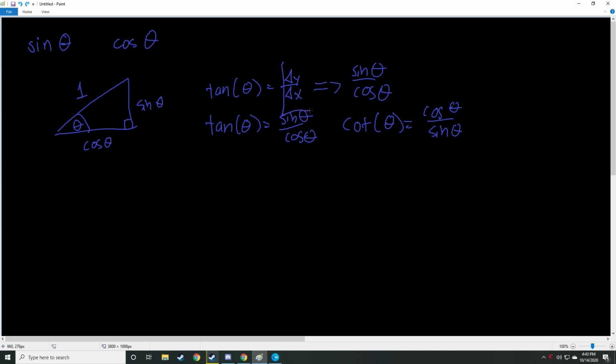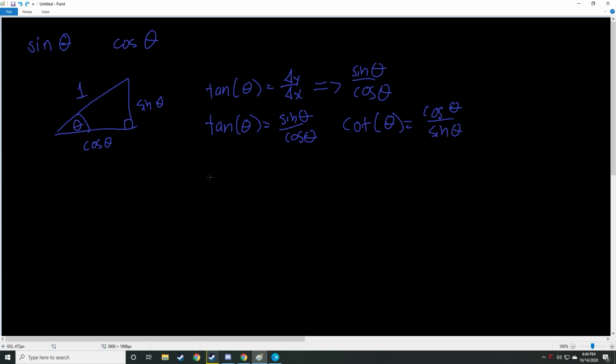So it's change in y over change in x, or rise over run. We know that the rise is sine of theta, and the run is cosine of theta. Therefore, tangent of theta is equal to sine theta over cosine theta. Cotangent of theta is just cosine over sine, so just invert the fraction.